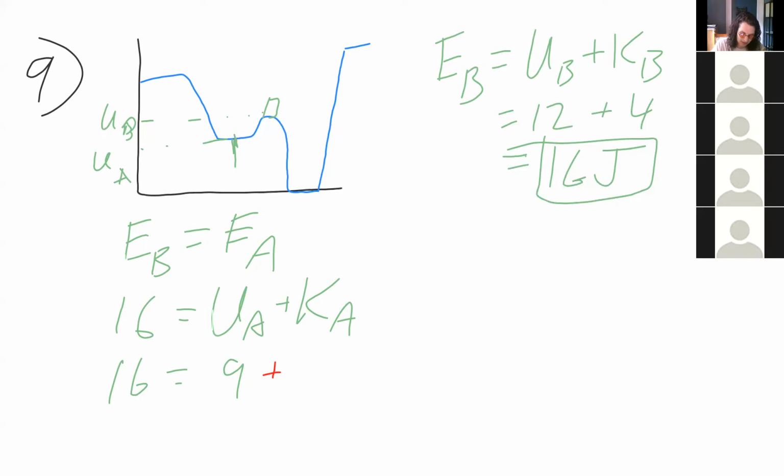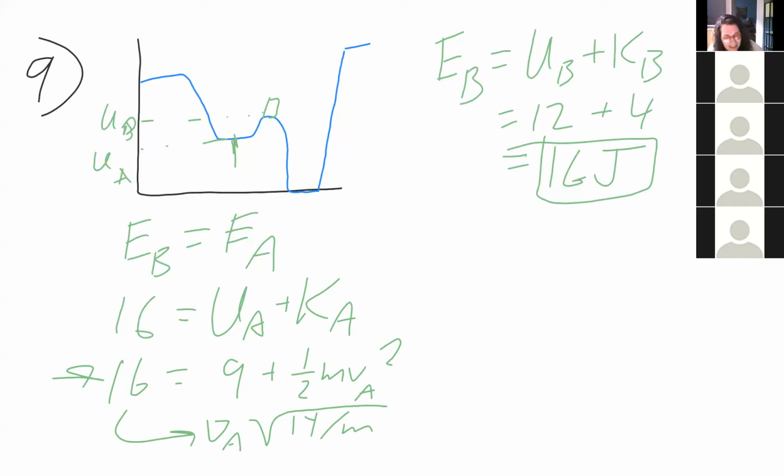Then I have plus 1/2 m v at A squared. 16 minus 9 is 7, and then solve for v sub A. It'll be v sub A equals the square root of 2 times 7, which is 14, over m. Yours will be different because you'll have different numbers, but I trust you can do the algebra here. That's how you would solve for the speed.